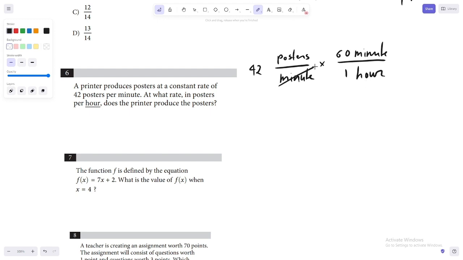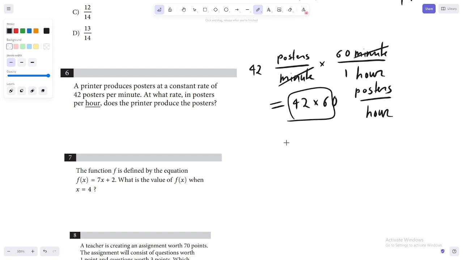And here we'll cancel out the minutes and we're left with 42 times 60 posters per hour. So that is the answer we're looking for.